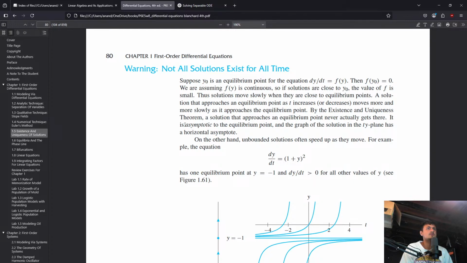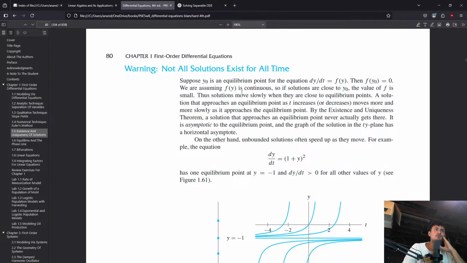So if solutions are close to y0, the value of f is small. Thus, solutions move slowly when they are close to equilibrium points.